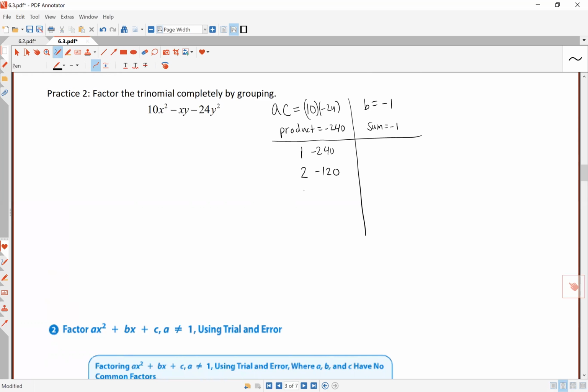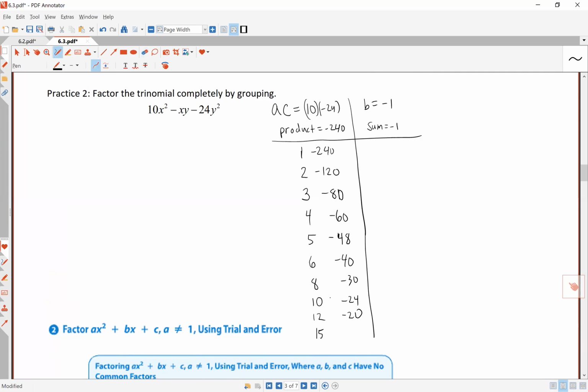2 and negative 120. 3 and negative 80. We're still pretty far away here. 4 and negative 60. 5 and negative 48. 6 and negative 40. 7 doesn't go in there, but 8 goes in there negative 30 times. 9 doesn't go in there, but 10 does, negative 24. 11 doesn't go in there. 12 goes in there negative 20 times. 13 doesn't go in there, and 14 doesn't go in there either.